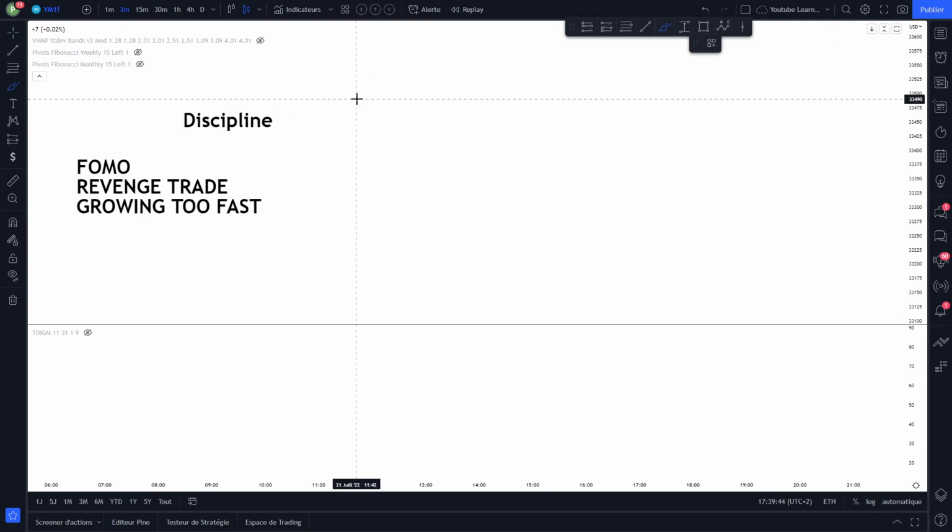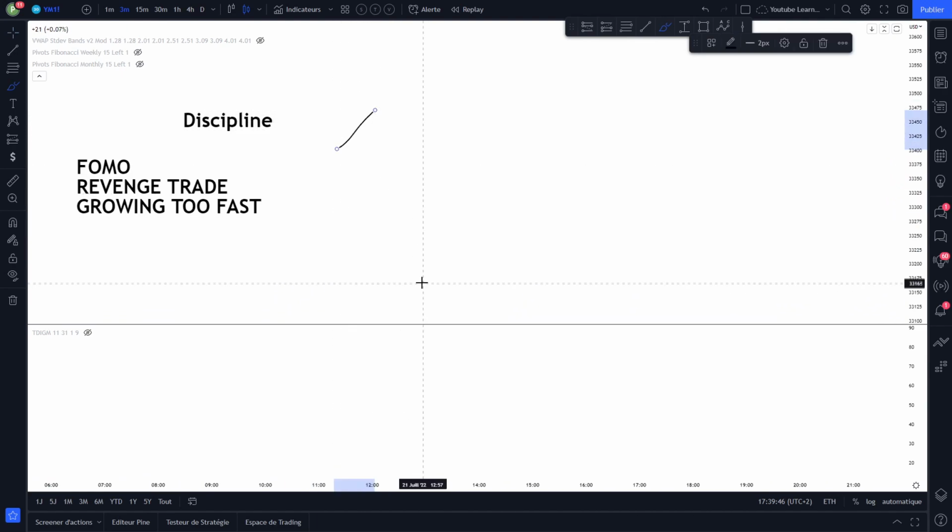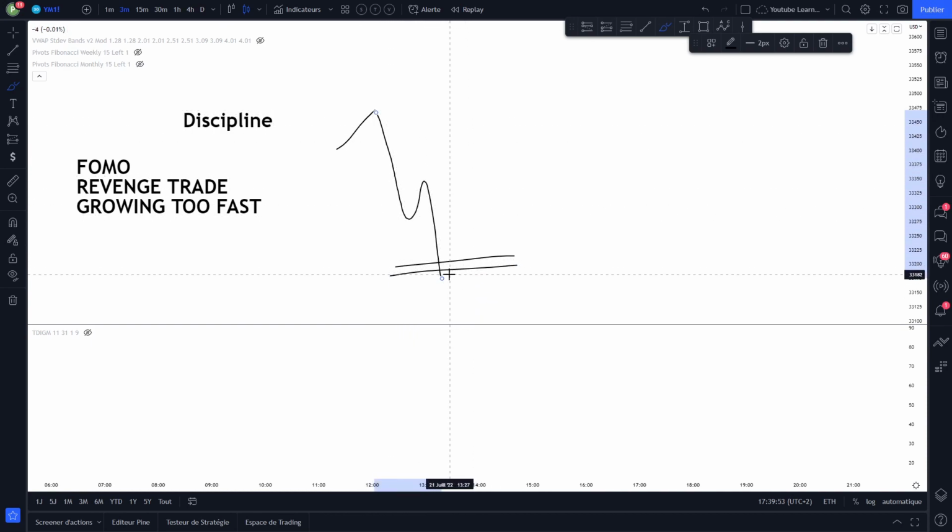So imagine you check the market, you have a good area over here, and the price comes to your area. You don't have a good sign to enter the market, but the price is already going in the direction you wanted.